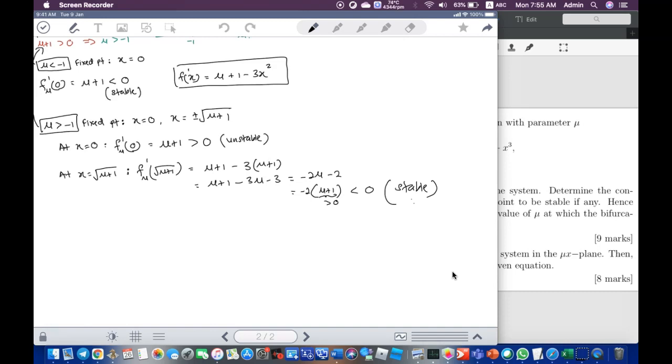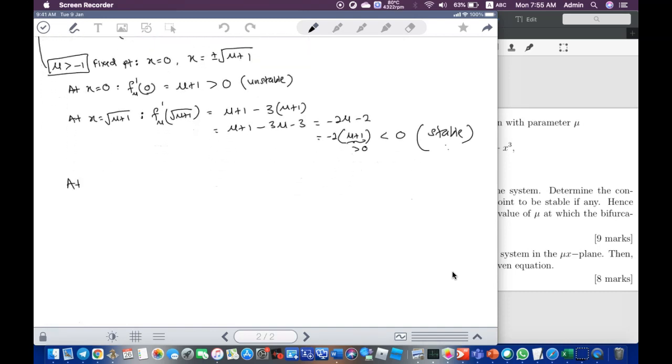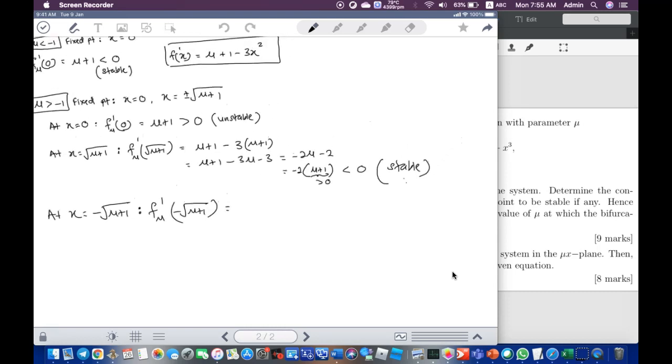Okay, and then we figure out the third one, at x equal to negative square root of mu plus 1. Then we plug into f prime. So now we have the negative square root, and we substitute into our f prime. So you got mu plus 1 minus 3 times x squared, so the negative is gone.